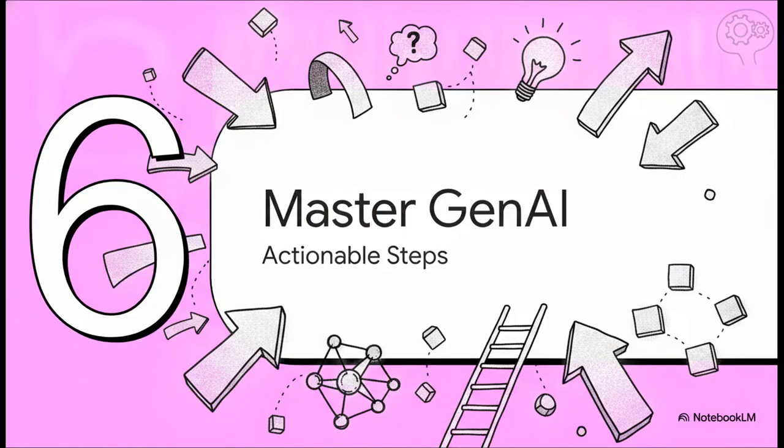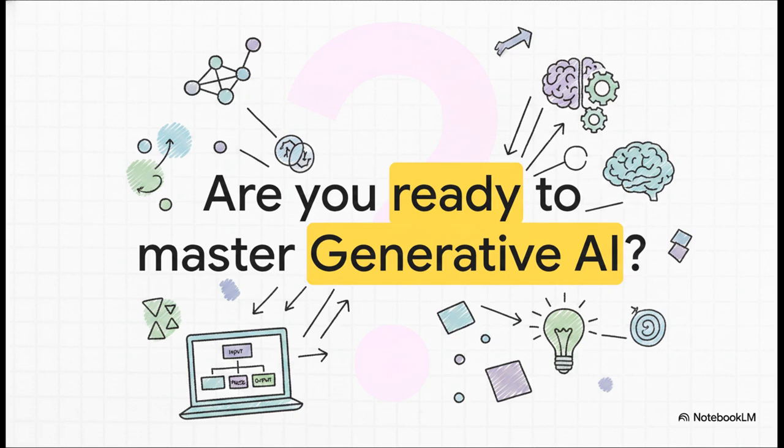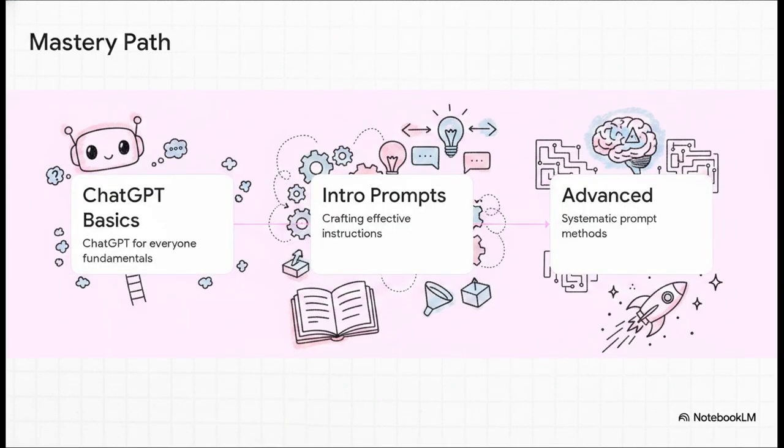Section 6. Master Generative AI. So, are you ready to master generative AI? After digesting all of that heavy terminology and those advanced techniques, you might be highly motivated, but also wondering exactly how to build up the skills to deploy them effectively in your own daily workflows. Thankfully, the Learn Prompting platform lays out a really perfectly structured path for us.